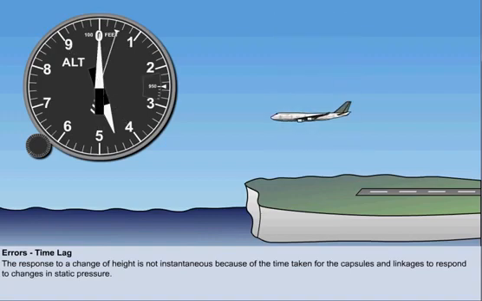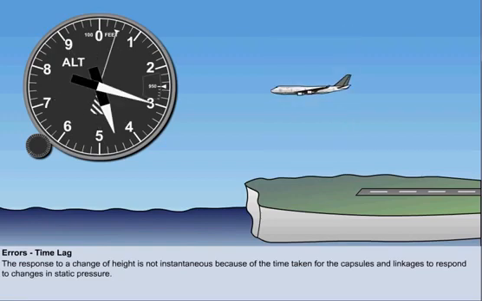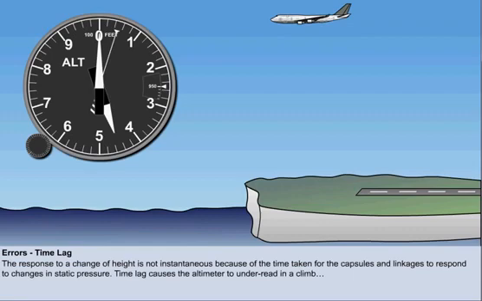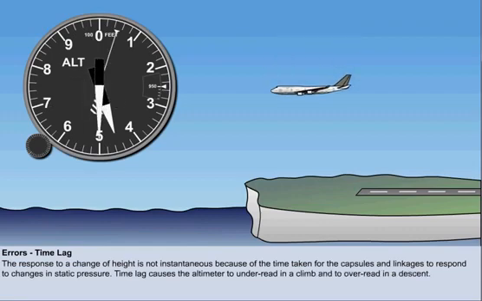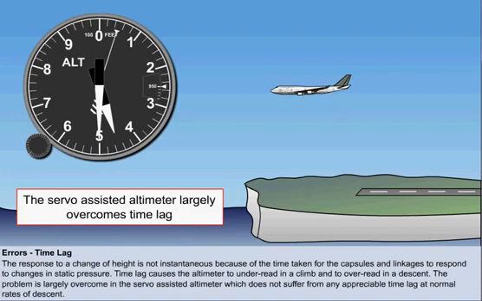This time lag is most noticeable when the change in altitude is prolonged and rapid, and causes the altimeter to underread in a climb and to overread in a descent. The problem is largely overcome in the servo-assisted altimeter, which does not suffer from any appreciable time lag at normal rates of climb and descent.